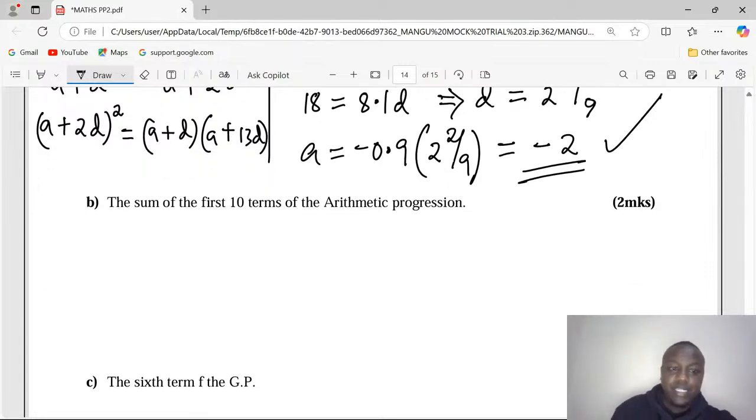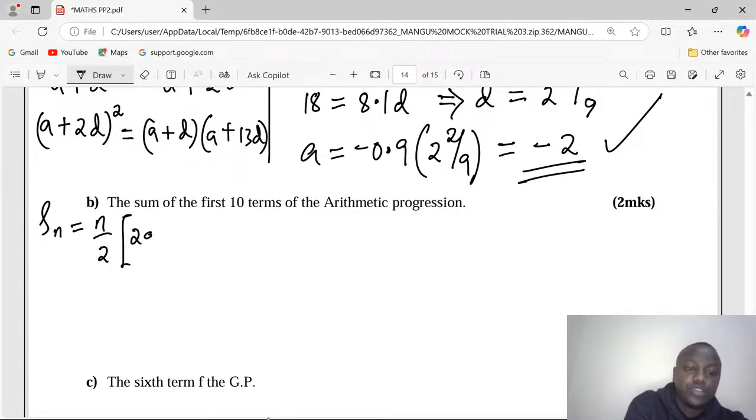The other demand is that we find the sum of the first 10 terms of the AP. Now, having found the first term and common difference, we want the sum of 10 terms. Generally, the sum of a given number of terms is given by n over 2 into 2a plus n minus 1 multiplied by d.